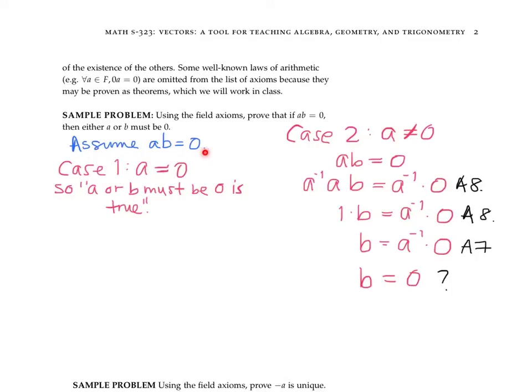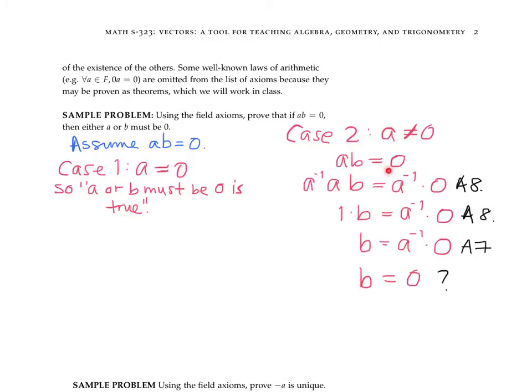We assume A times B equals 0. Our two cases that we separate to sort of organize our thinking is, okay, well, if A is 0, then obviously the statement A or B must be 0 is true. If A is not 0, is the statement A or B must be 0 true?